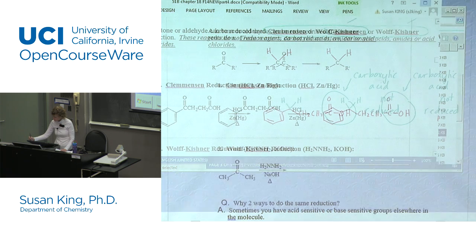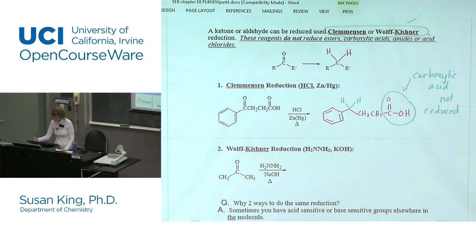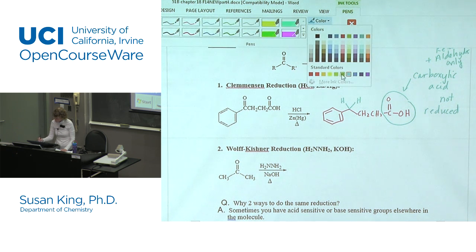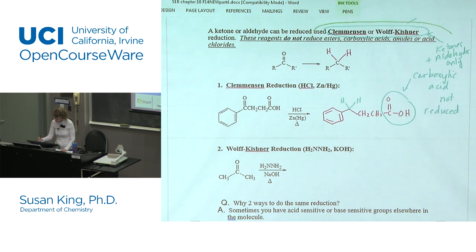Let's just write it down here: ketones and aldehydes only. So Clemmensen and Wolff-Kishner reduce ketones and aldehydes only. That's why nothing happens to the carboxylic acid.